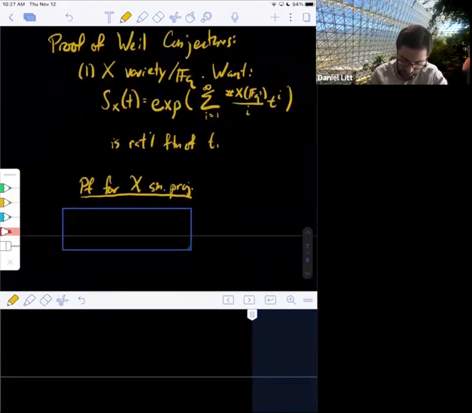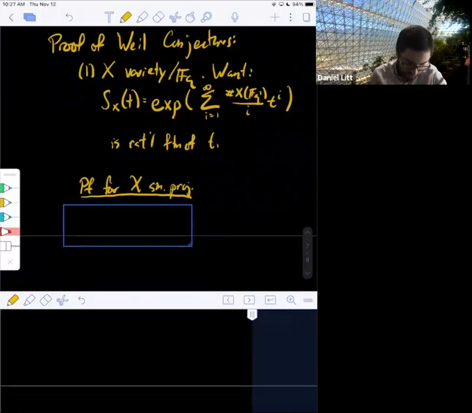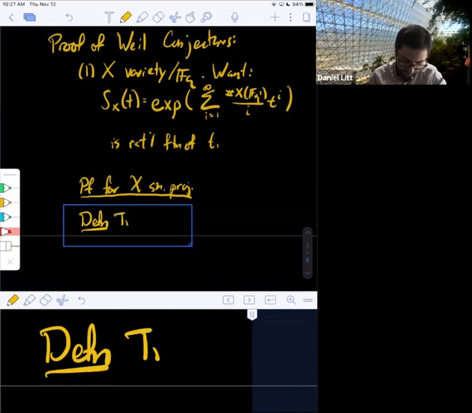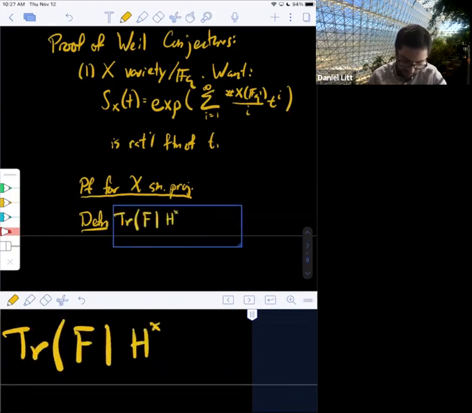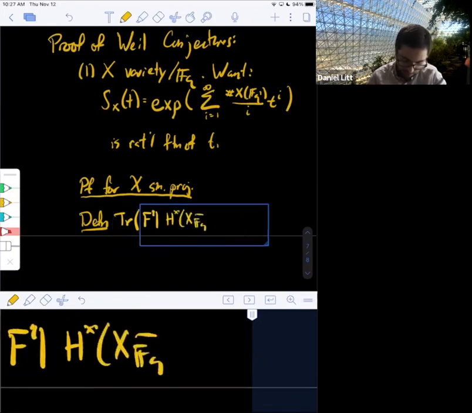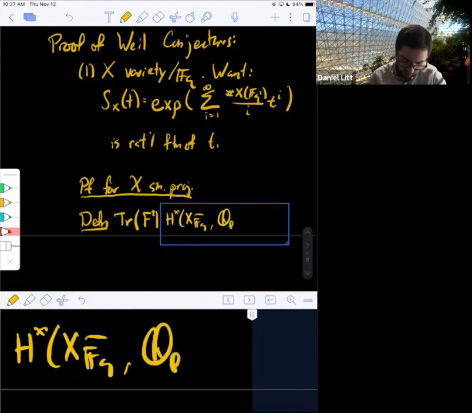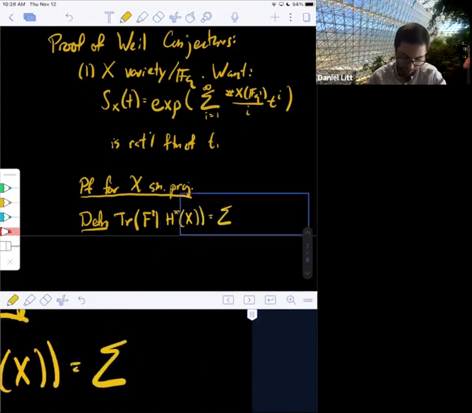All right, so let's write down what we know. Let me make a definition. I'm just going to write the trace of F on H star of X, over FQ bar with Q_l coefficients. Maybe I'll just write it this way, on H star X. What I mean by this is the thing that we get from the Lefschetz fixed point formula.